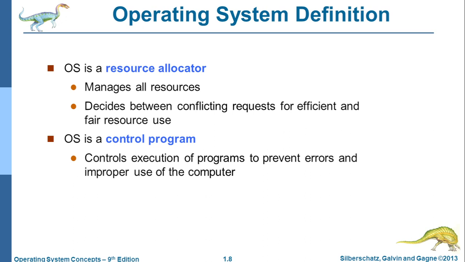So operating system can be defined in two ways. One is resource allocator, another is control program. Resource allocator means it manages all resources so that we can use the resources efficiently. Okay. And control program means it controls how a program or process will be used efficiently, right?